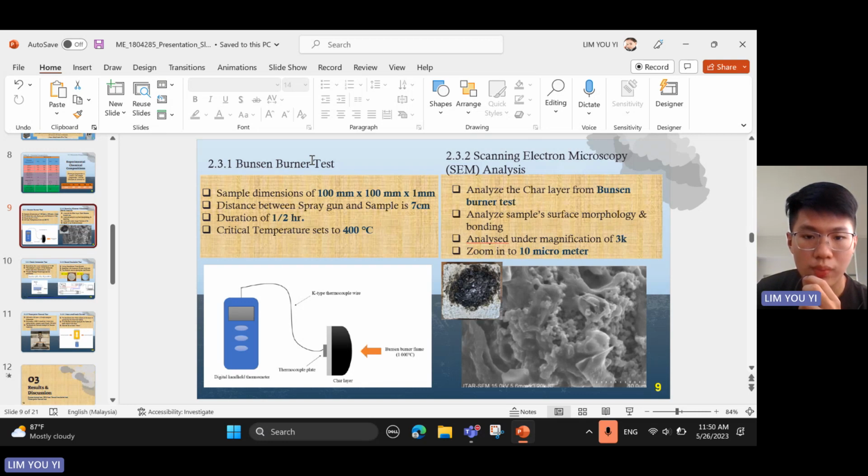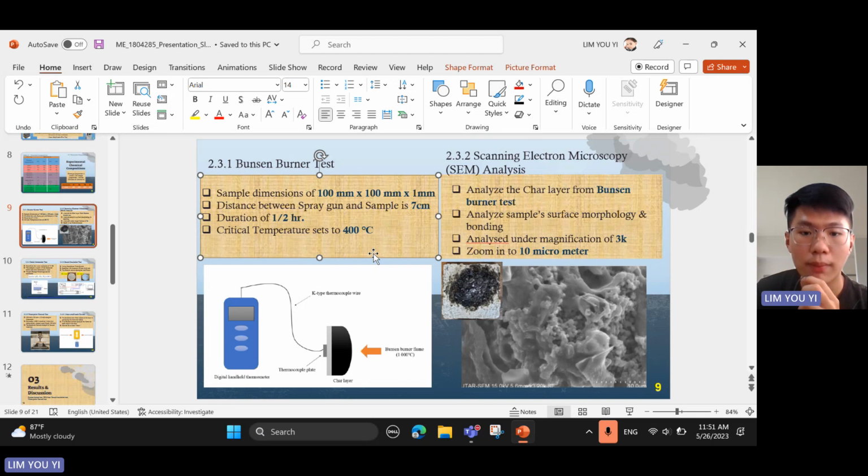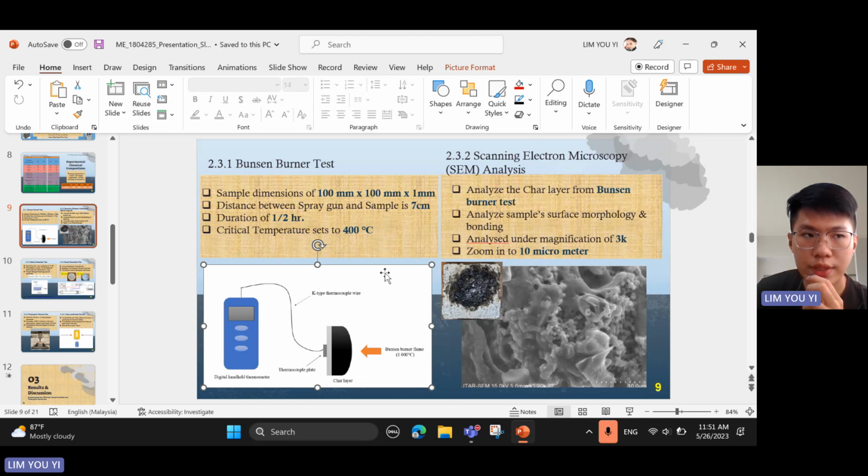The first one is the Bunsen burner test. Basically, the Bunsen burner test allows us to determine the temperature profile achieved by each of the samples throughout the half-hour test. We also want to determine the expansion rate of the char layer achieved by each sample. One of the properties of the WIB is the release of a char layer.